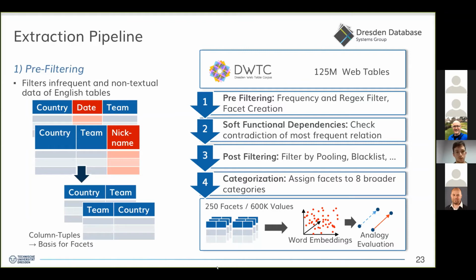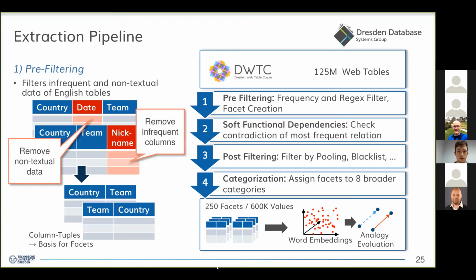Here, for example, we exclude non-textual data like the date column, which cannot be evaluated efficiently by word embedding models, and we also exclude infrequent columns like this nickname column, because it only appears very infrequently together with the other columns in the table. And after that, we build all combinations of tuples from the remaining data, and this is the basis of our facets.